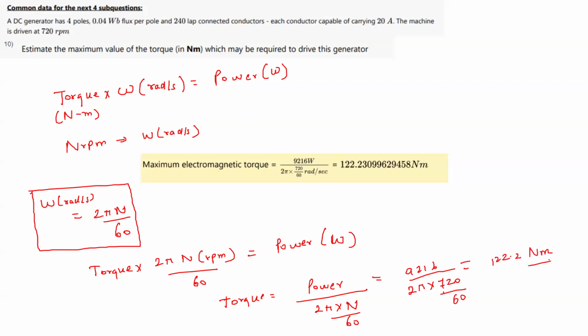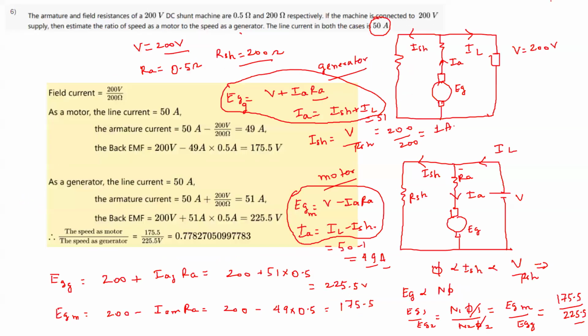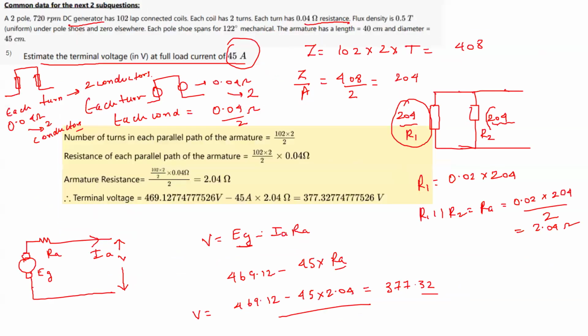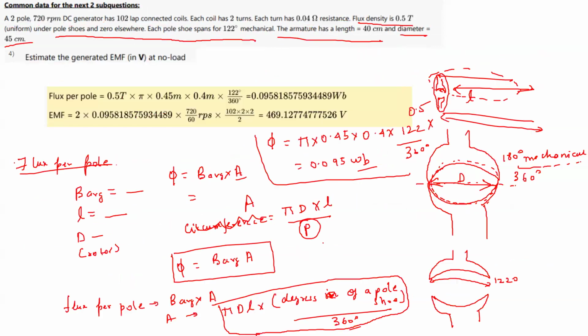So that is it for this week. I discussed many things this week. The most important things are these: how to draw these diagrams, how to write the KCL and KVL equations like this, then only you can solve this week's questions. Then what is the number of turns, number of conductors, how their resistance is related, what are the number of parallel paths, all these things. I also discussed how to calculate flux per pole.